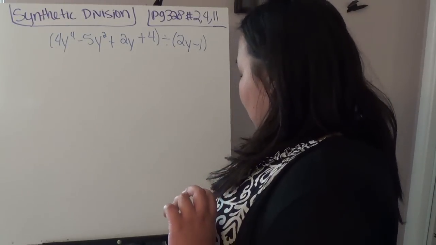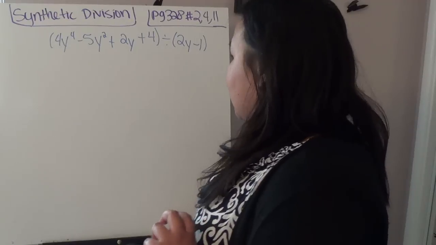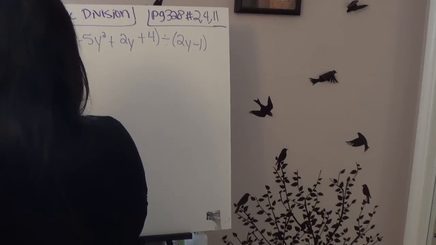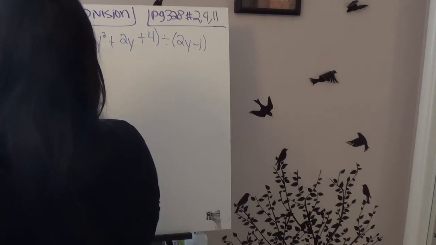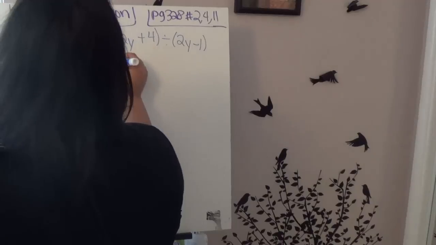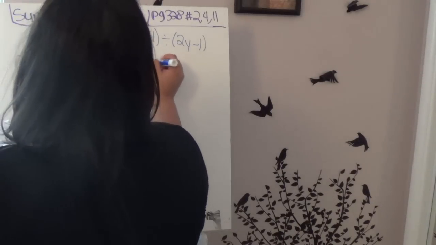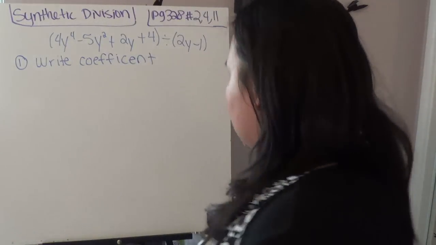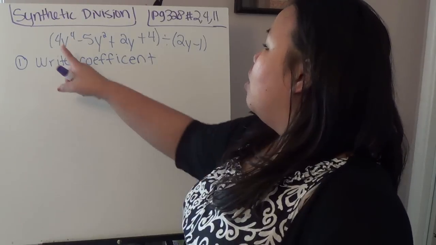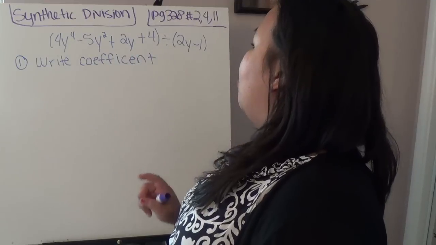What you do here is your first step is to write the coefficients. The coefficients are the numbers in front of the letters.